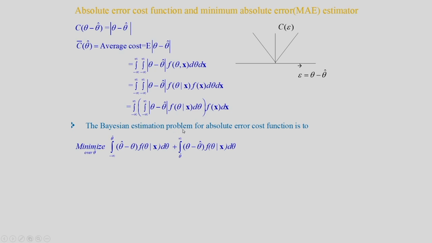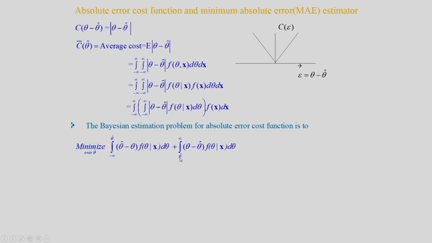Thus, the Bayesian estimation problem for the absolute error cost function is to minimize over theta hat the integration from minus infinity to theta hat of theta hat minus theta, f of theta given x d theta. This is one part, and the other part is theta hat to infinity, theta minus theta hat into f of theta given x d theta.